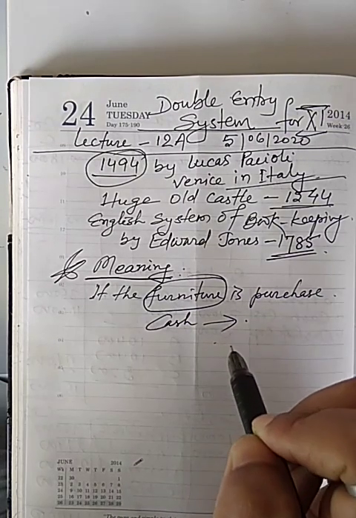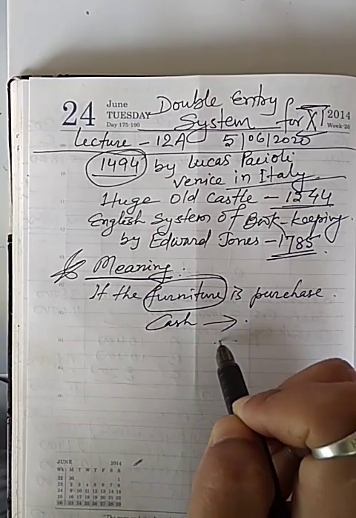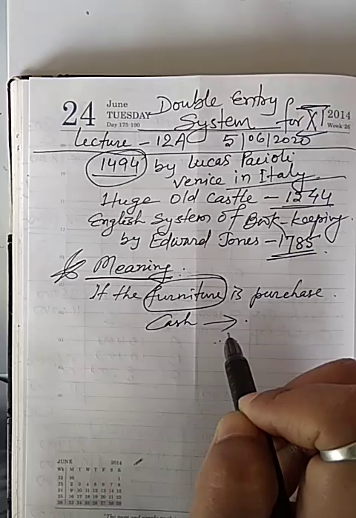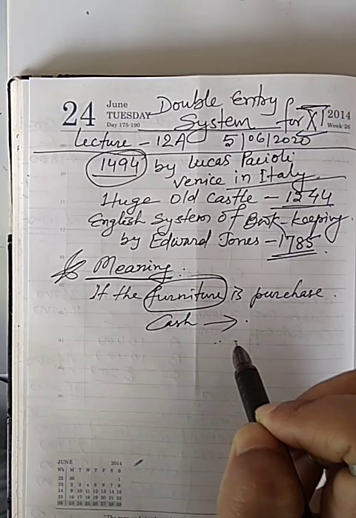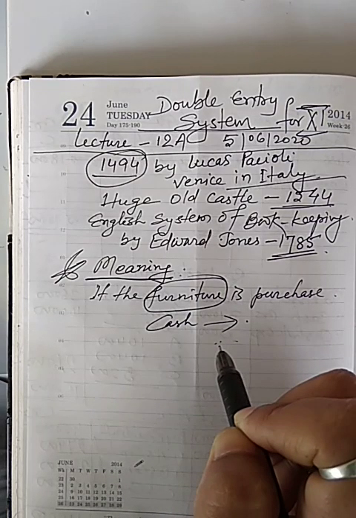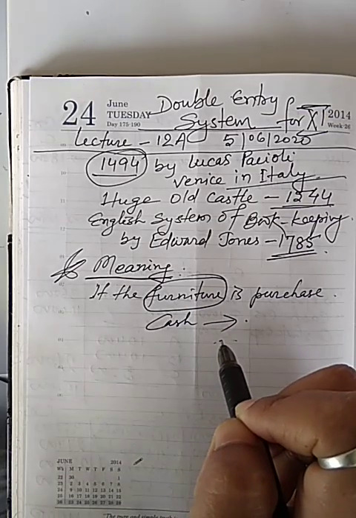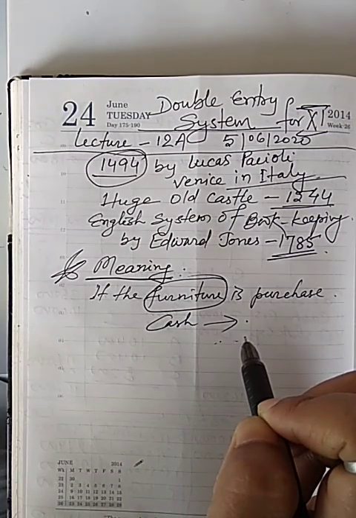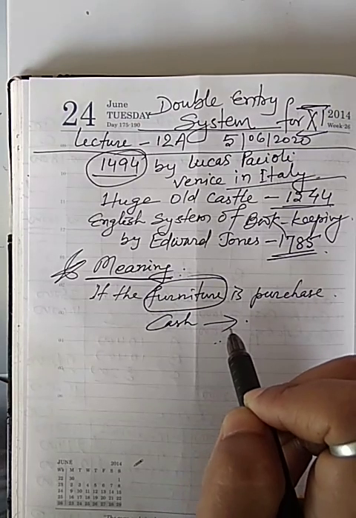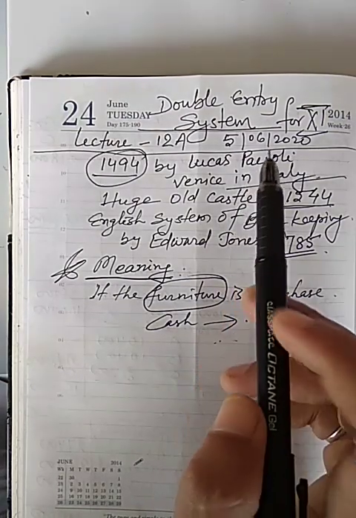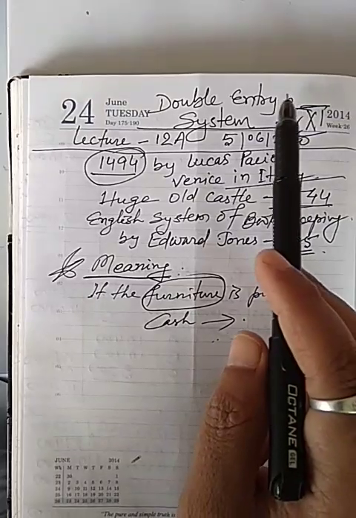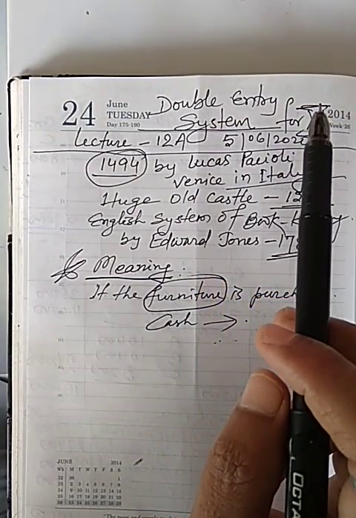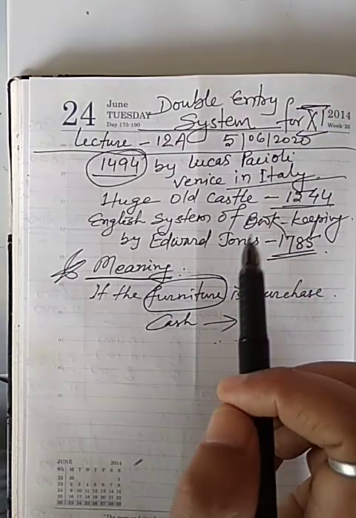There can be no transaction in the business which affects only one account or which has only one aspect. As such, both the aspects of every transaction are recorded under this system, called the double entry system.